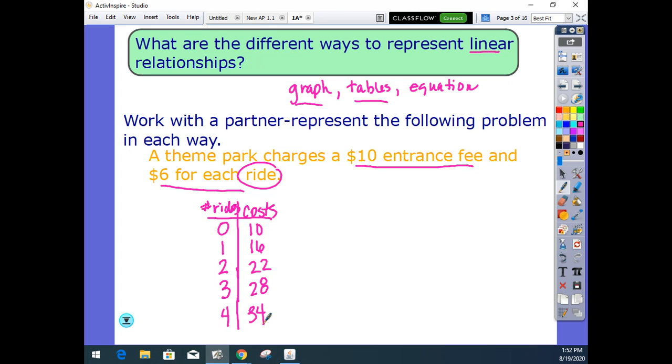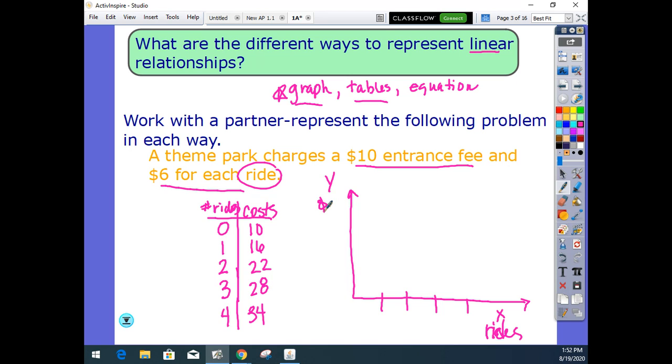Then we're going to create a graph using this information. A lot of times our graphs go both directions, but it doesn't make sense to have negative rides or negative costs, right? So since rides is our X, 1, 2, 3, 4. So I'm going to label that along the bottom. My Y is in dollars.